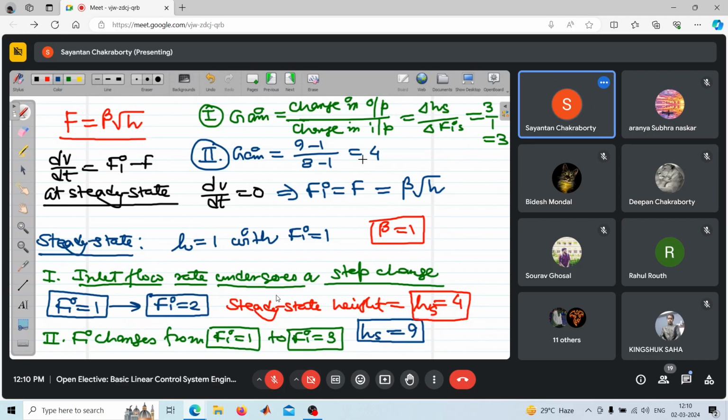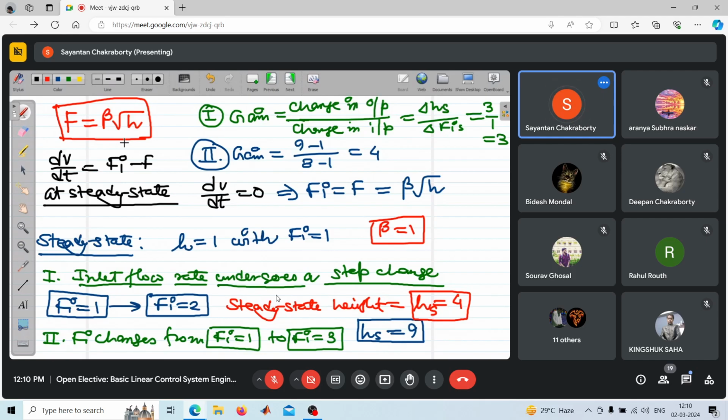So this phenomenon is mainly due to the nonlinear behavior of the valve characteristics. That is, the flow rate is not directly proportional to the valve, rather, it's a nonlinear function of the pressure head across the valve.